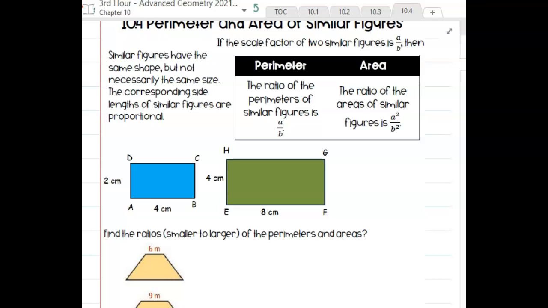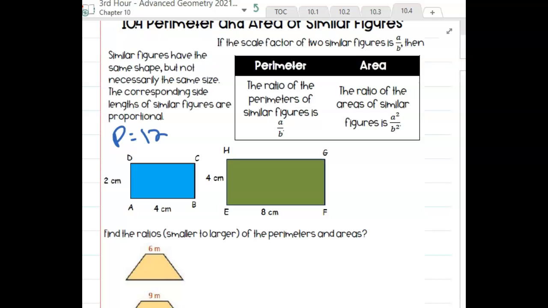Okay? Now, to prove it to you guys here, we said that the scale factor here is 1 to 2. So if I find the perimeter, it should reduce down to 1 to 2. So if I wanted to find the perimeter of this blue rectangle, add all of the sides. We do 2 plus 2 plus 4 plus 4. We get 12, right?